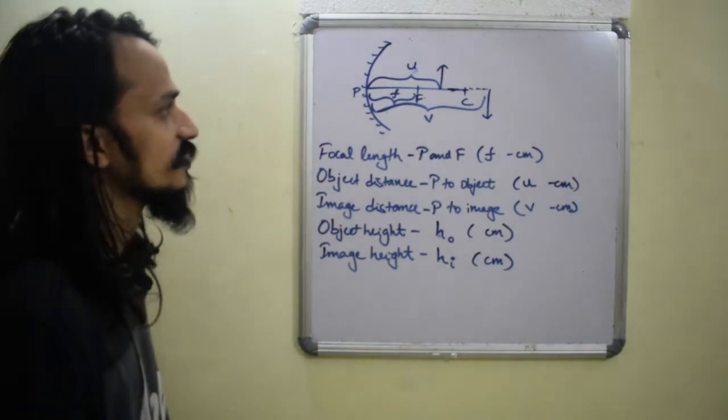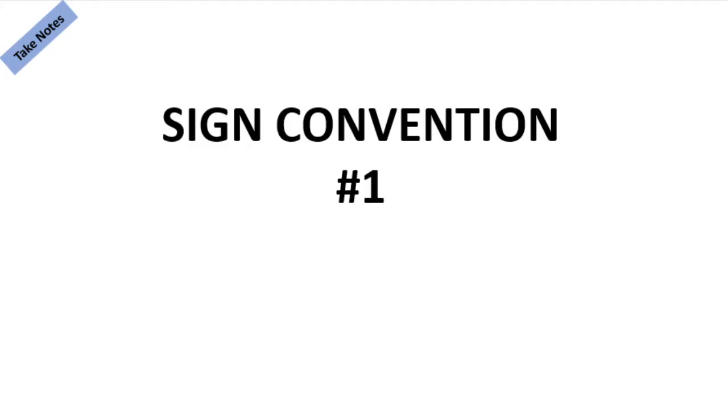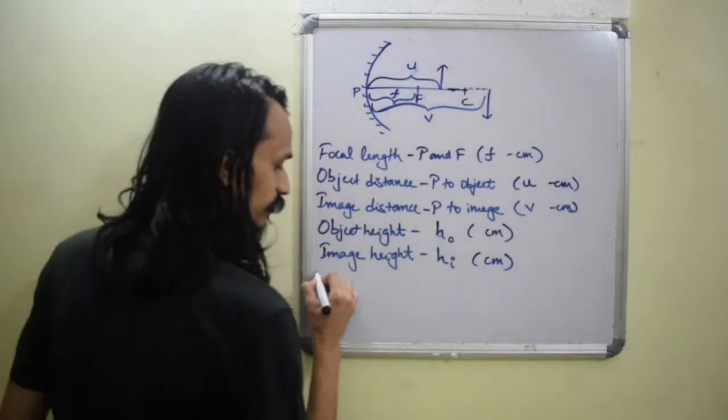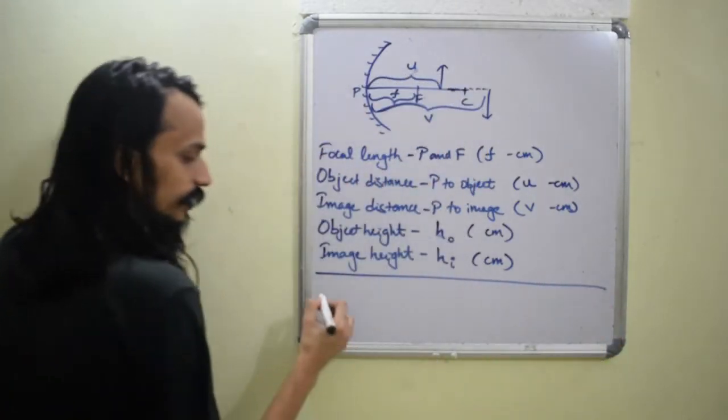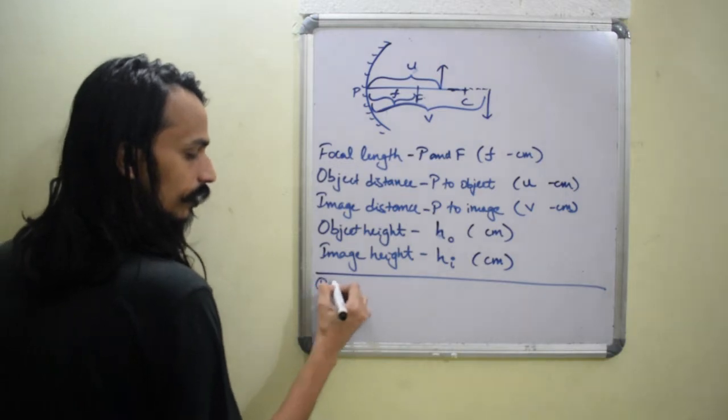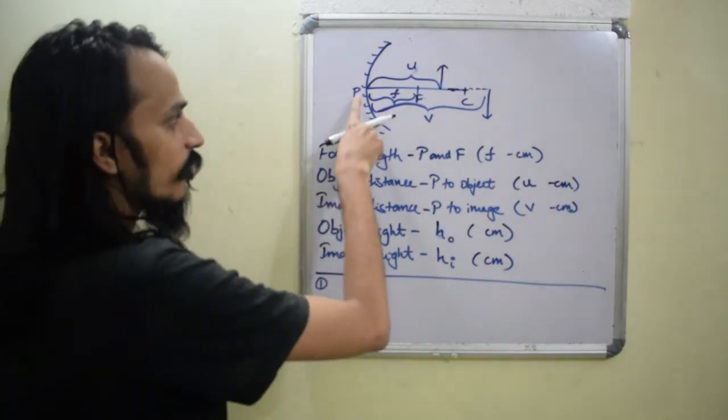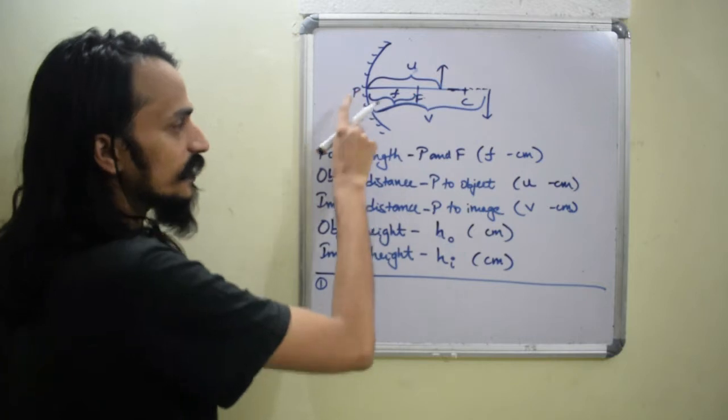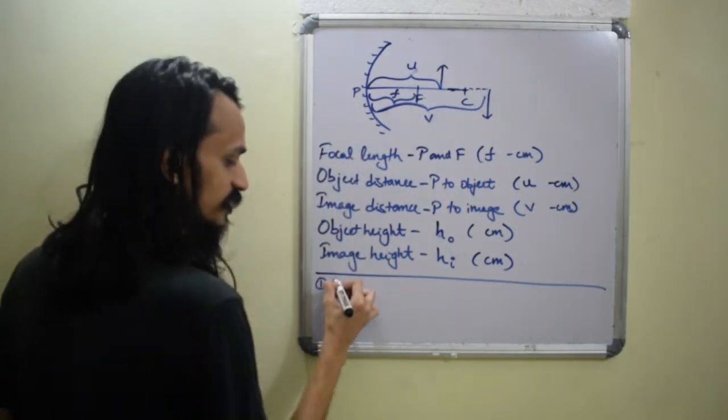So I'm going to tell you all the 3 conventions, starting with the first convention. The first convention would be, we start measuring the distance from this point P. P is always the starting point to measure the distance.